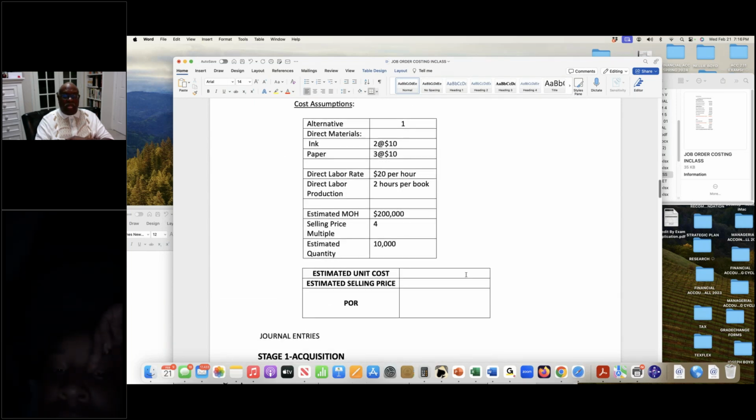When we get ready to work on the long problem, unit cost is team one, selling price team two, fuel R team three.